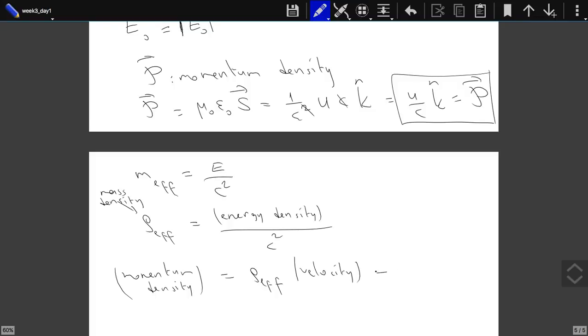Well, in our case, the effective mass density would be the energy density, which is u, divided by c squared. The velocity is c, the speed of the electromagnetic waves, in the k hat direction. They cancel. So you recover exactly this relation.